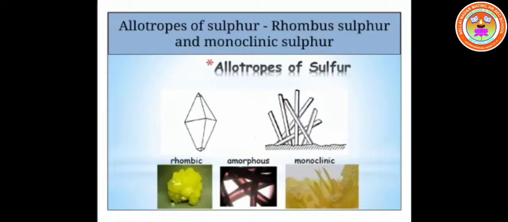This is nothing in front of your smartness. Okay, children. So monoclinic sulfur has got a needle-like structure, whereas the color of rhombic sulfur is lemon yellow. Monoclinic is dull yellow. Okay. Amorphous sulfur is the powdery form of sulfur.